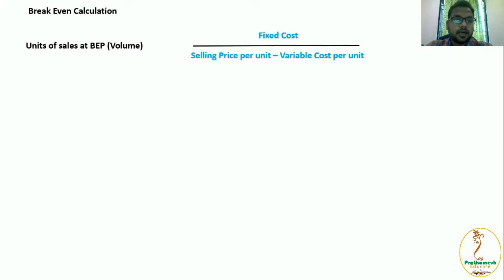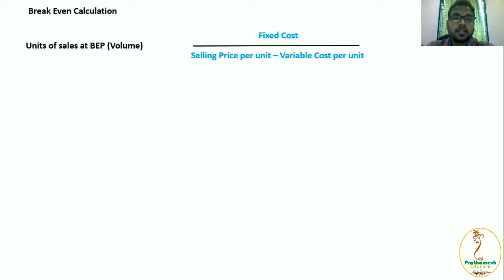We have a simple formula for break-even evaluation. Fixed cost divided by selling price per unit minus variable cost per unit is the break-even volume. That means how many units we must sell to reach the break-even point. And this selling price minus variable cost is the contribution towards fixed cost. This term, contribution, will also be used.